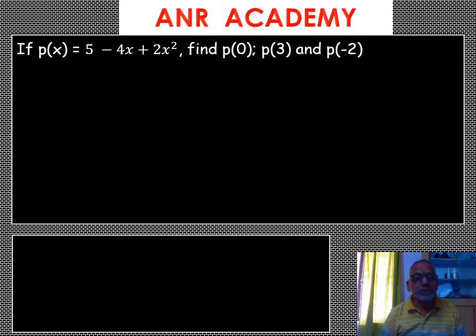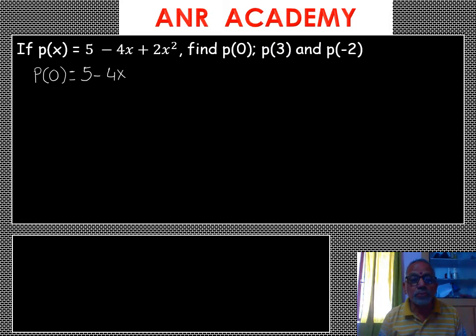So P of 0 means in place of x we take 0. So 5 minus 4 into 0 plus 2 into 0 square. 4 into 0 is 0.